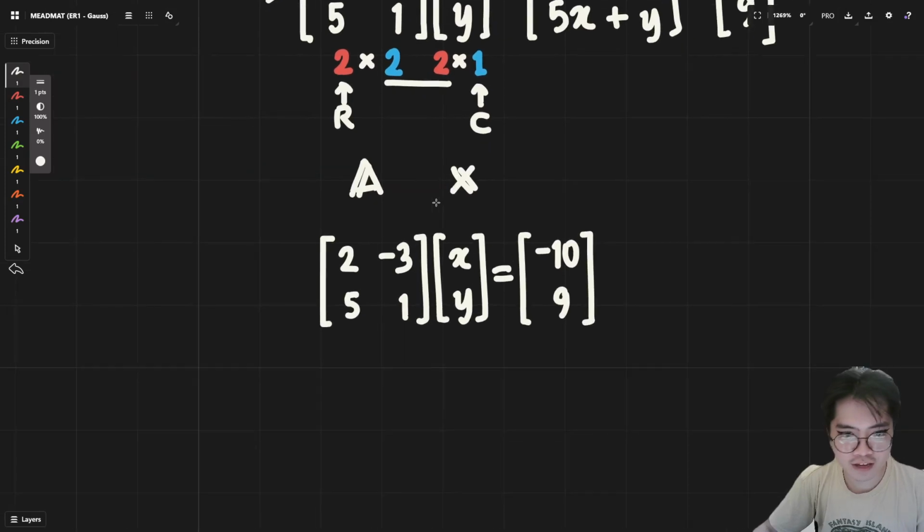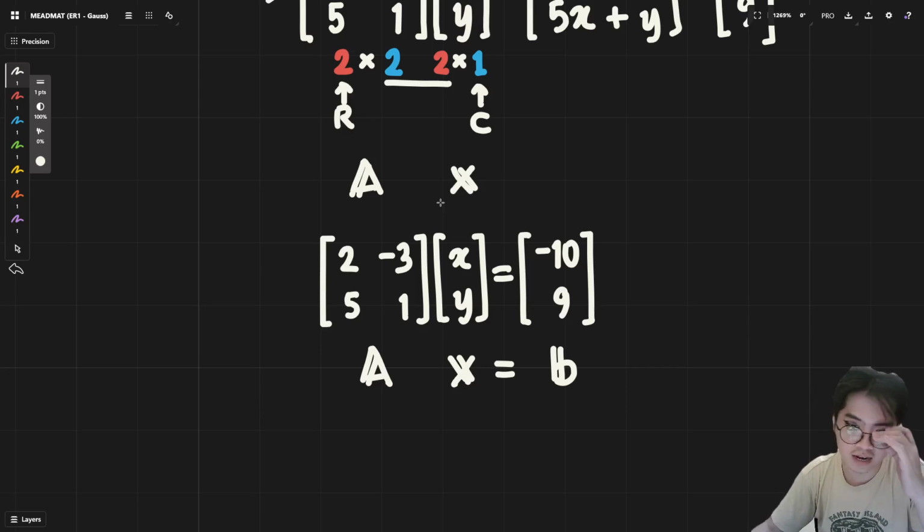Now, everything here can be written as matrix A times matrix X is equal to, let's just write this as matrix b, with a small letter so that we understand that it's not a variable, but also it's a column vector. Column vectors are usually written with small letters.